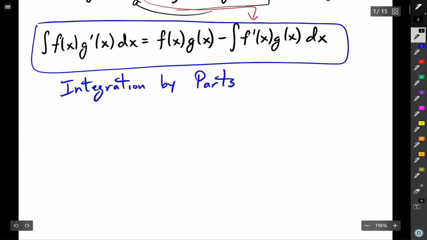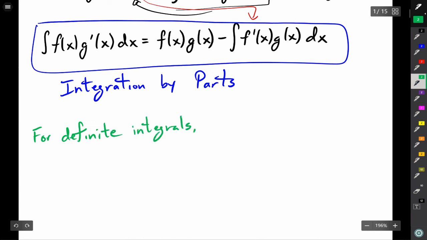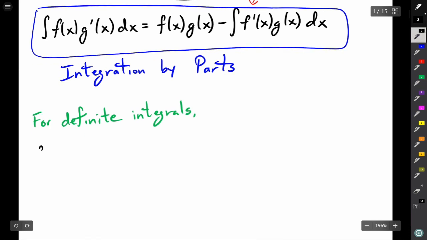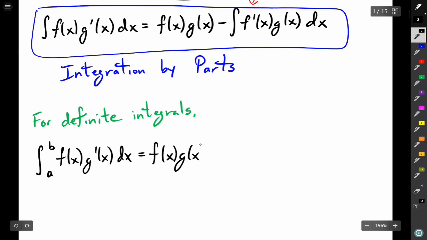Right? To finish up, how would we do this with bounds for definite integrals? It looks pretty similar. If we integrate from a to b, f of x, g prime of x, dx, we have f of x times g of x minus the integral from a to b of f prime of x, g of x, dx.